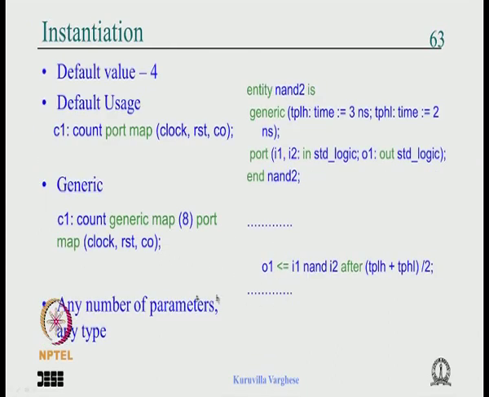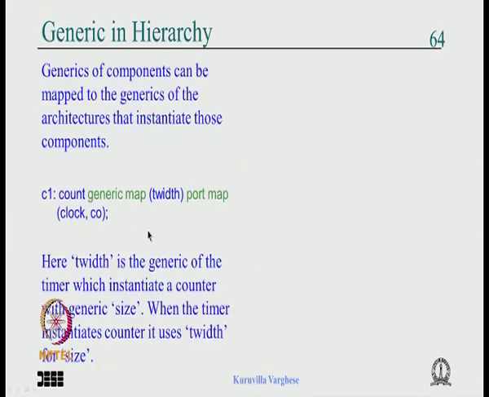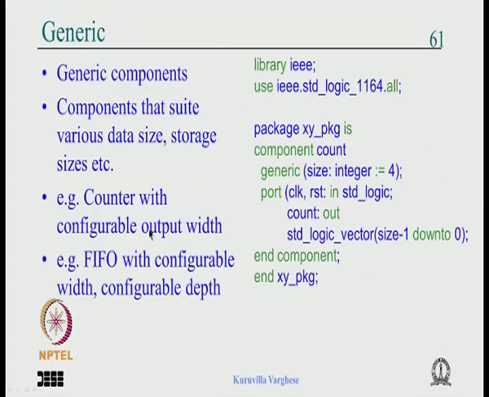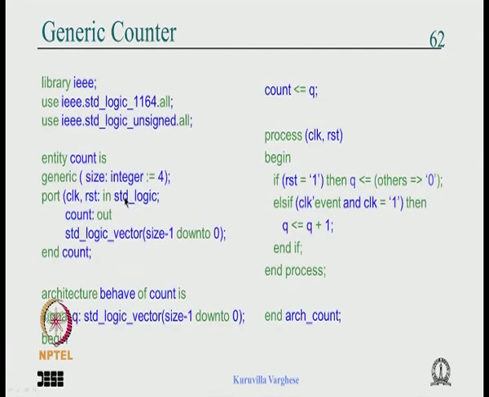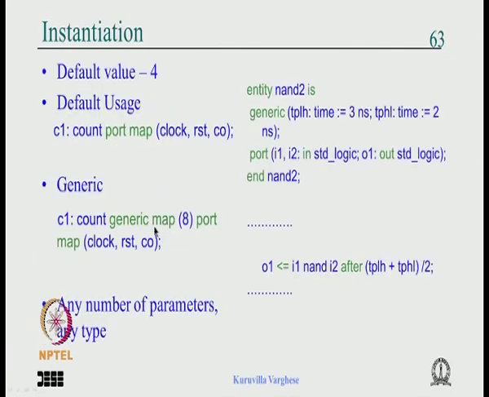So when you instantiate the counter in the generic timer, the size of the counter, like we had a size generic, cannot be written to a specific value, because if the timer is going to be instantiated by somebody else with a particular width, naturally that has to come down to the counter.